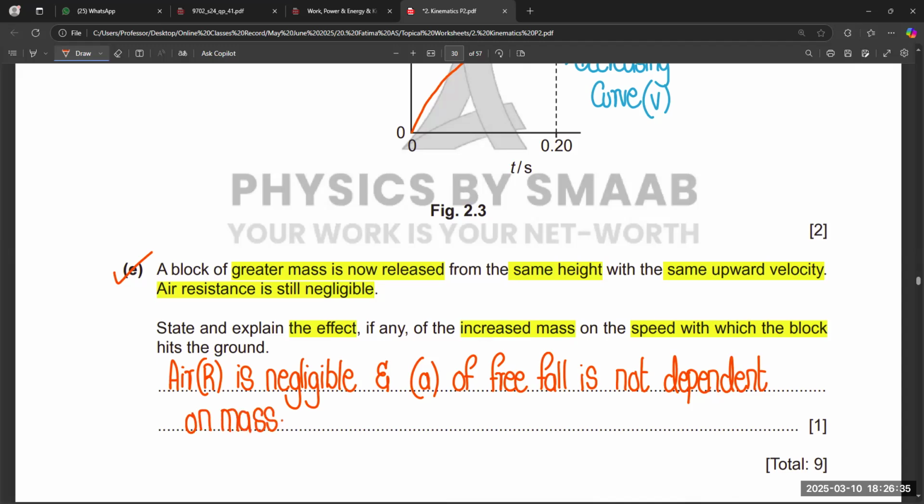So it means no effect on the speed, right? So this is the final answer. This is another question from the kinematics topic, right?